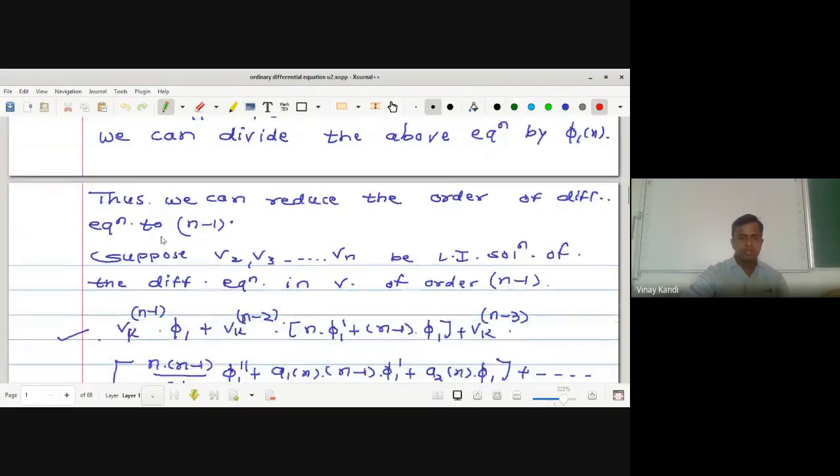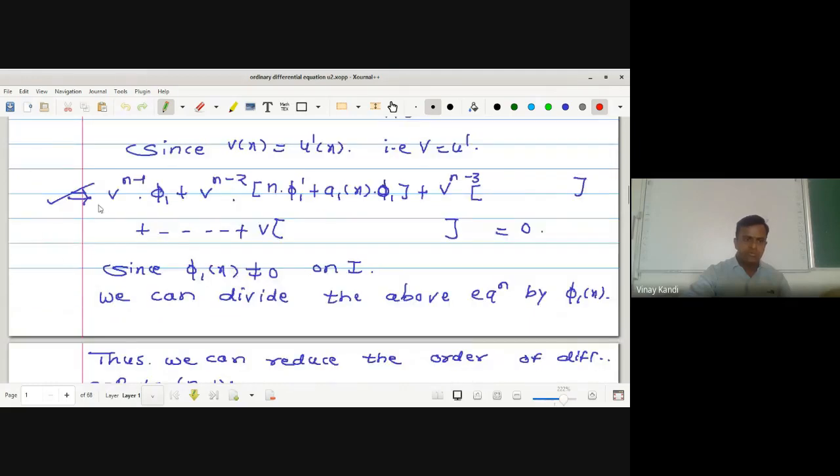Now we assumed that V2, V3, Vn are linearly independent solutions of the differential equation in V of order n minus 1. If V2 is the solution, instead of V we can put V2. Similarly, instead of V we can put V3.